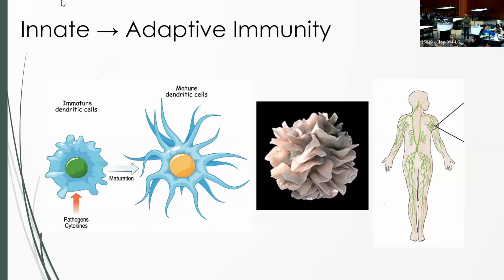And what happens is that they leave the site of battle after they sample the enemy. They will go into the lymph nodes where the T cells hang out and find the exact match. And that's the key that is not really adaptive, more so specific immunity. Because in your lymph nodes, there's actually a T cell for every single possible type of pathogen that can ever exist and that will ever exist.